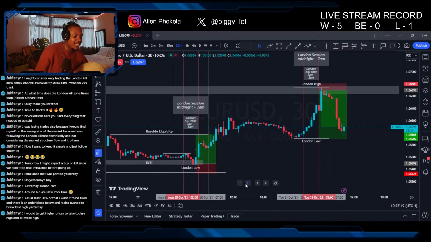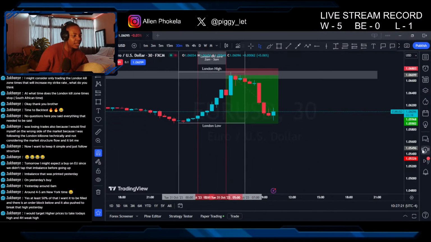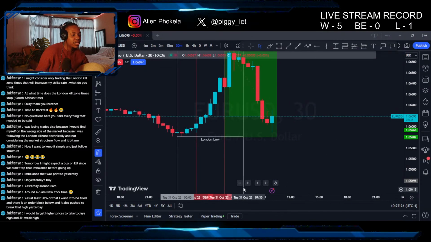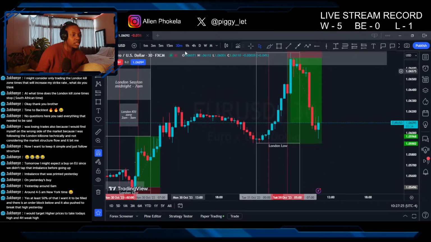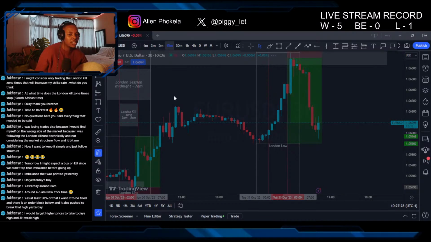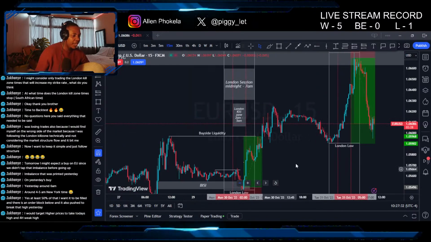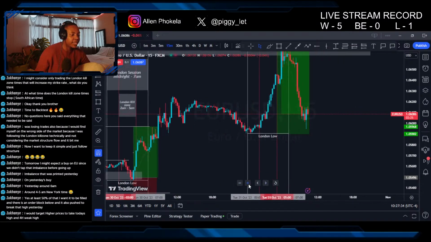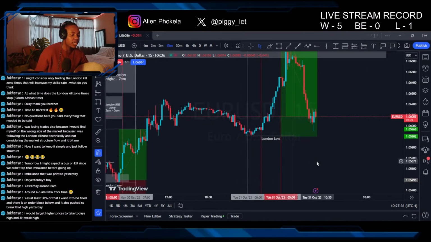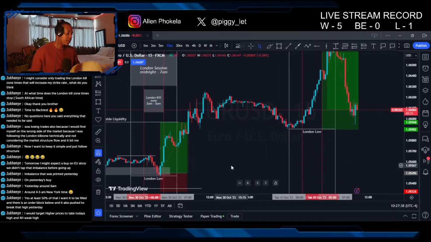So far, as you can see, price is struggling a little bit to take out that sell side liquidity, which is the London low, but I can bet we're gonna take it out one way or another.